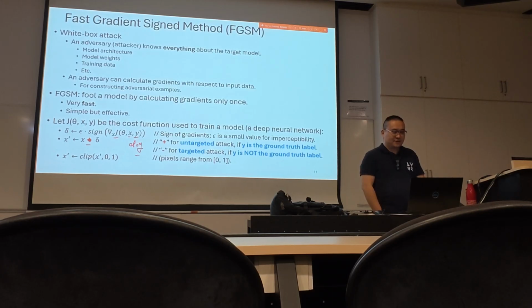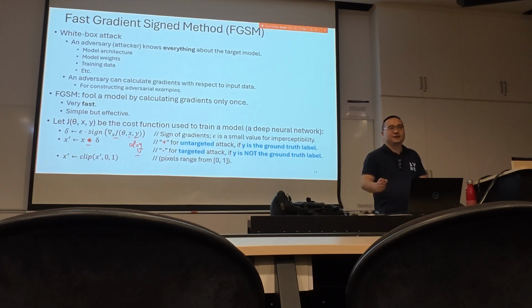At the beginning, the model is making a big error from the perspective of attacking. Then we want the model to make smaller and smaller errors, such that the model says, oh, the image of panda is actually a dog. So this is what we want.